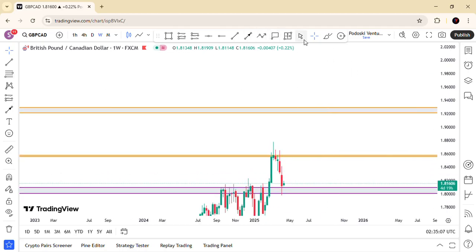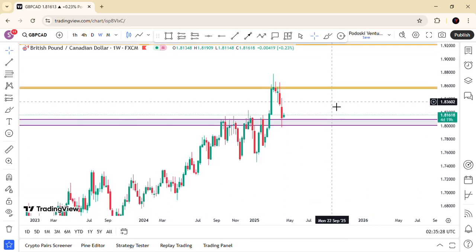On GBP/CAD, I have my weekly upper zone and my weekly midway zone. And on the weekly time frame you could see price in an uptrend just like we saw on the monthly.